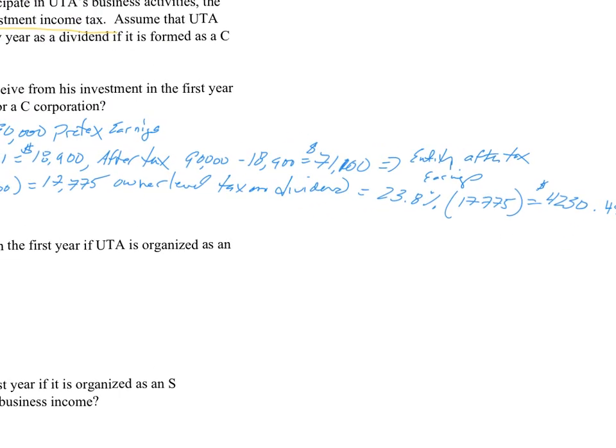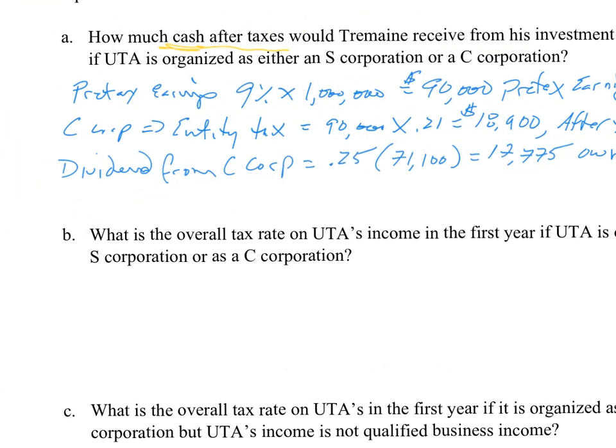So as a C Corp, after-tax cash at the individual level is going to be equal to 17,775 minus this 4,230.45, which is equal to 13,544.55.